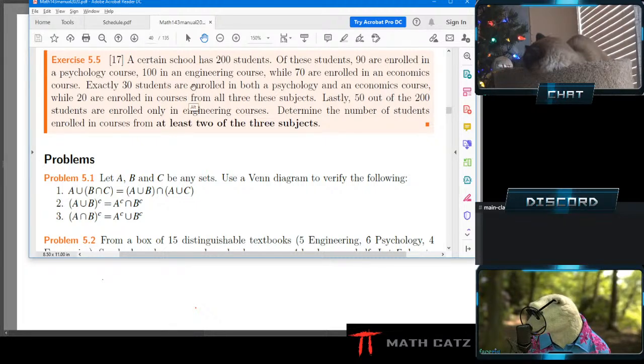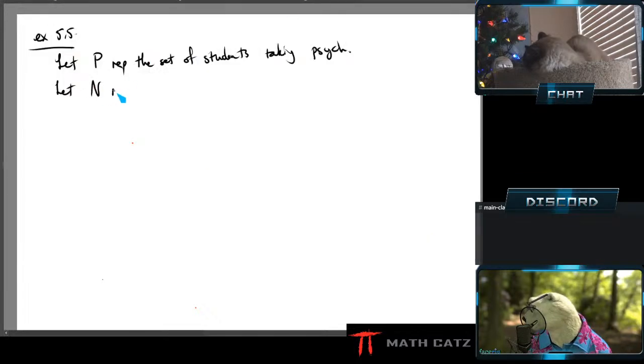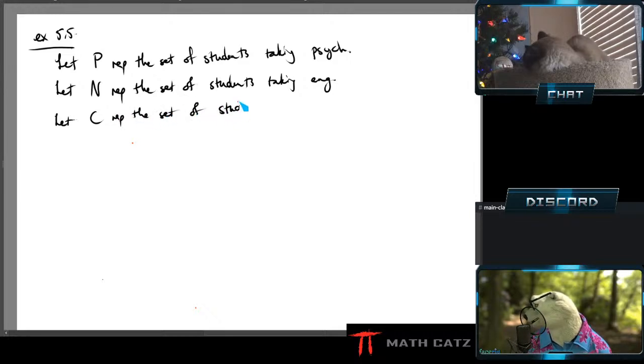So let's use the second, N for engineering, C for economics. Let N represent the set of students taking engineering, and let C represent the set of students taking economics.